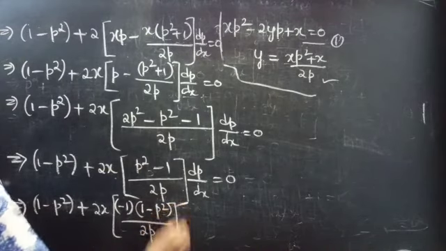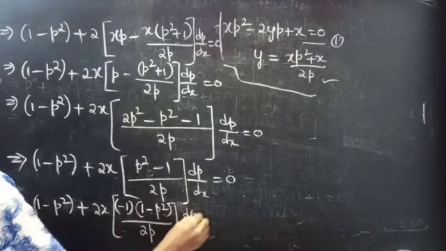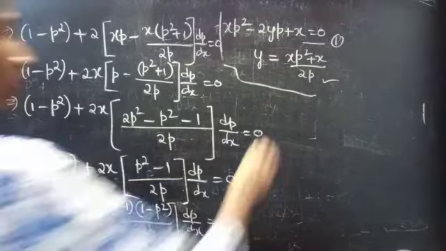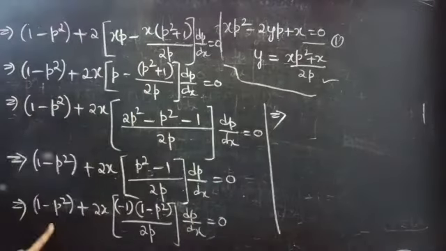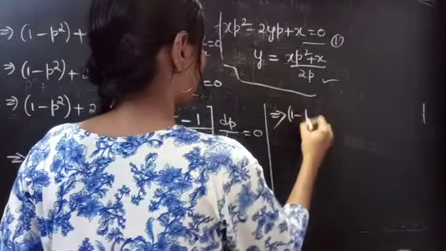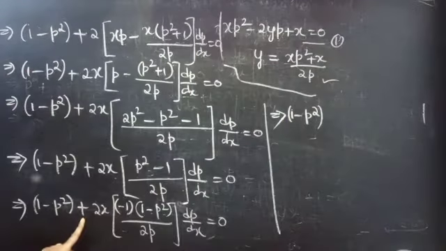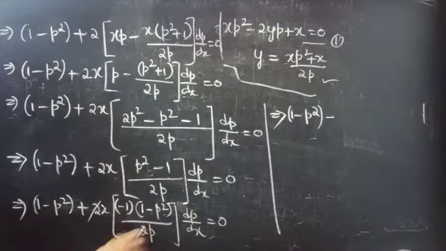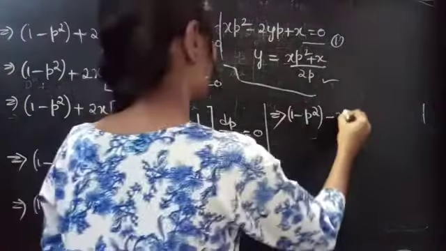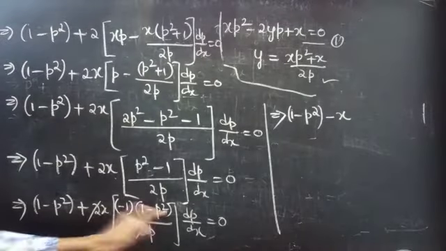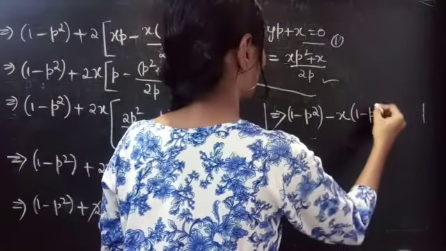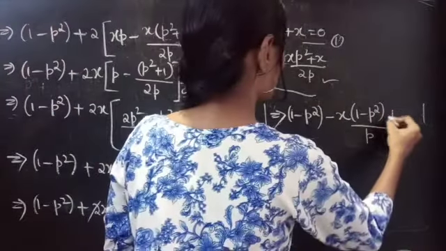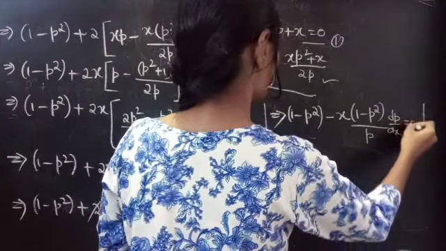By 2p. Then this becomes 1 minus p square plus into minus, minus, cancel 2, you'll get x times (1 minus p square) by p into dp by dx equals 0.